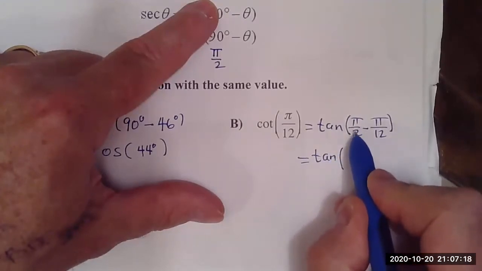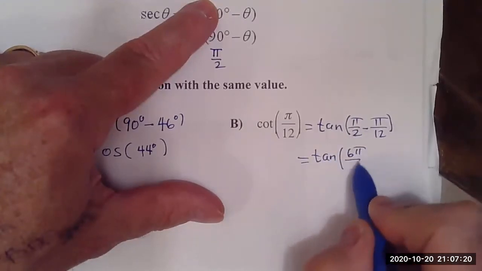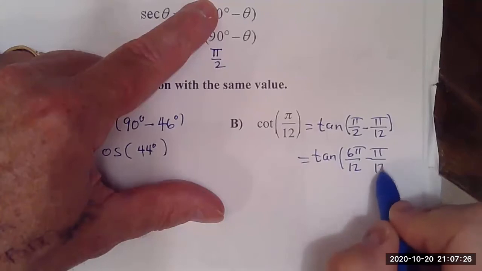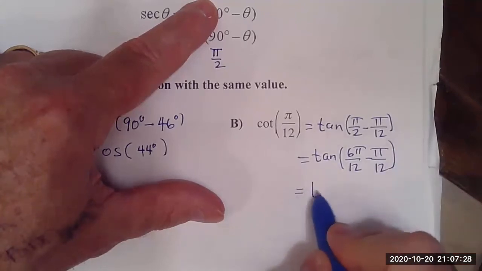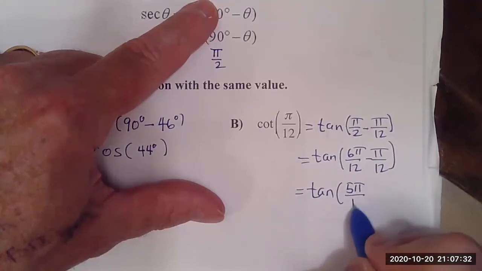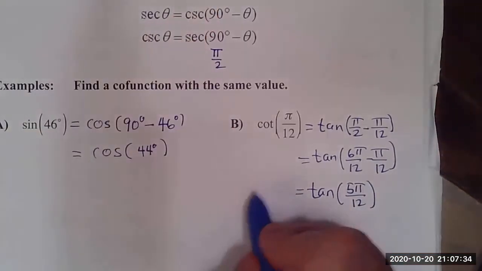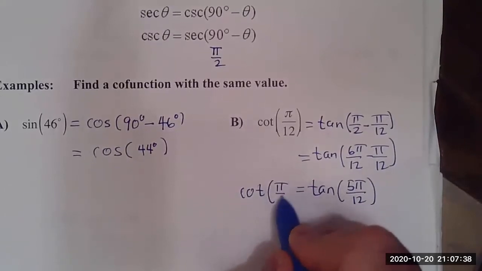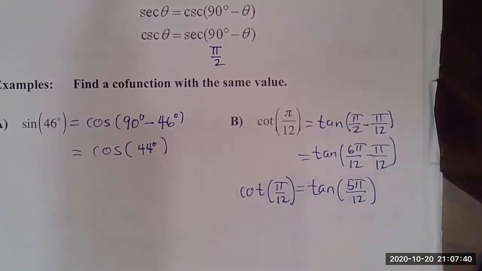Top and bottom by 6. 6 pi over 12. 6 over 12 is the same as 1 over 2. Pi over 12. So these two are equivalent. Cotangent of pi over 12.